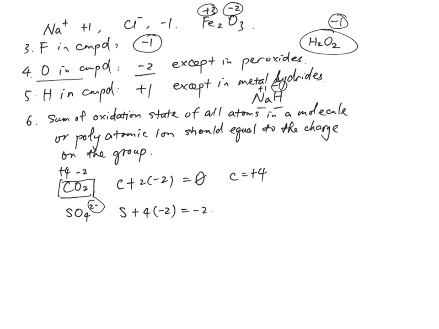So sulfur plus -8 equals -2, and that makes sulfur +6. What about sulfite ion? Well, in this case, sulfur plus 3 times -2 should equal the charge on the group, which is still -2, and that makes sulfur a +4 oxidation number.